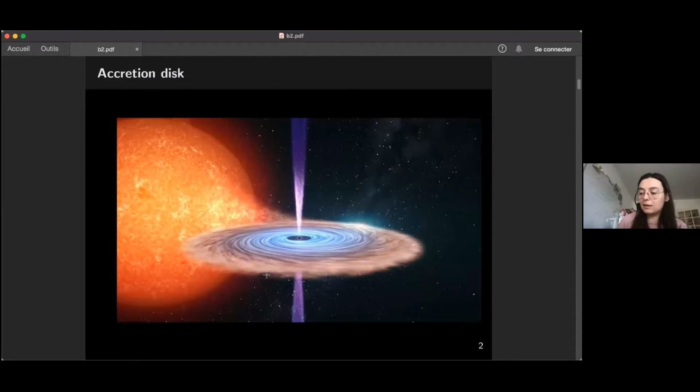My interest is about this last one, so the thick disk one. So why is that one? Because it's one of the simplest models, so it is easier to treat analytically. And moreover, it can solve some basic observations related to accretion in active galactic nuclei or in microquasars.